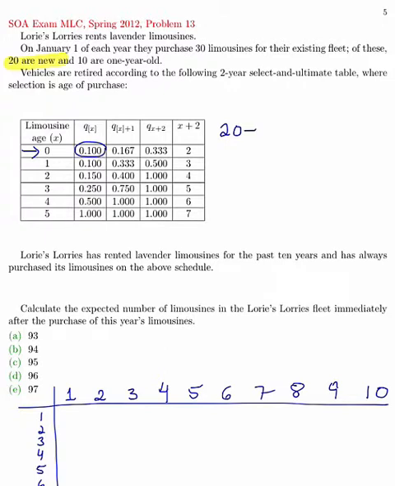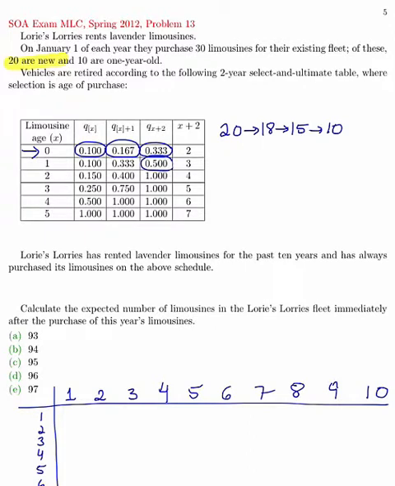So after 1 year, 2 of them get retired, and you end up with 18. Then the next year, 1/6 of them get retired. So that's 3 of them. So now we're left with 15. And then the next year, 1/3 get retired. So that's 5. So you're left with 10.